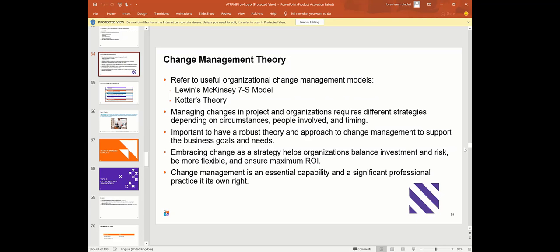Embracing change as a strategy helps organizations balance investment and risk, be more flexible, and ensure maximum return on investment. Change management is an essential capability and a significant professional practice in its own right.